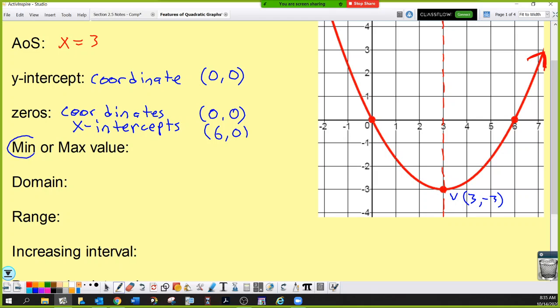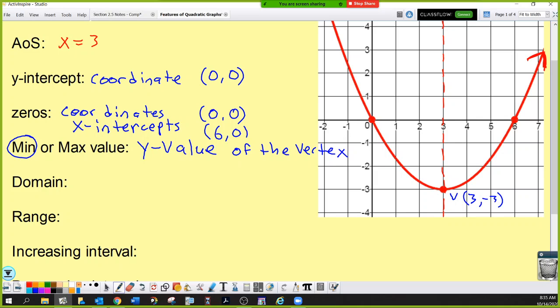And what is that minimum value? Well, first of all, it is always going to be a y value. So minimums and maximums are always y values. And they are always, for quadratics, always the y value of the vertex. And that doesn't matter if it's a minimum or a maximum.